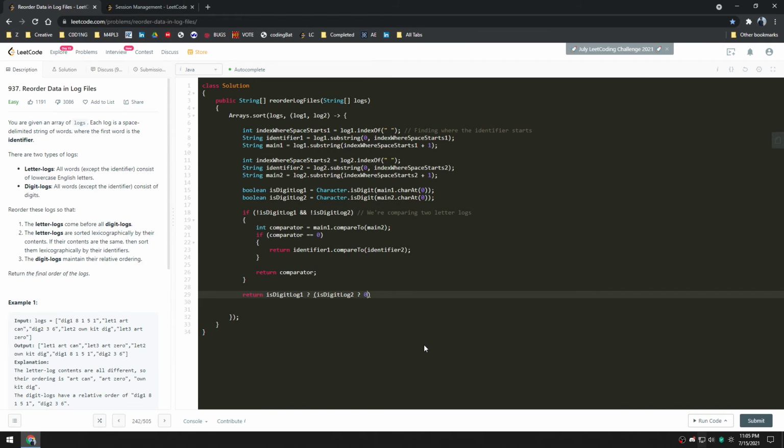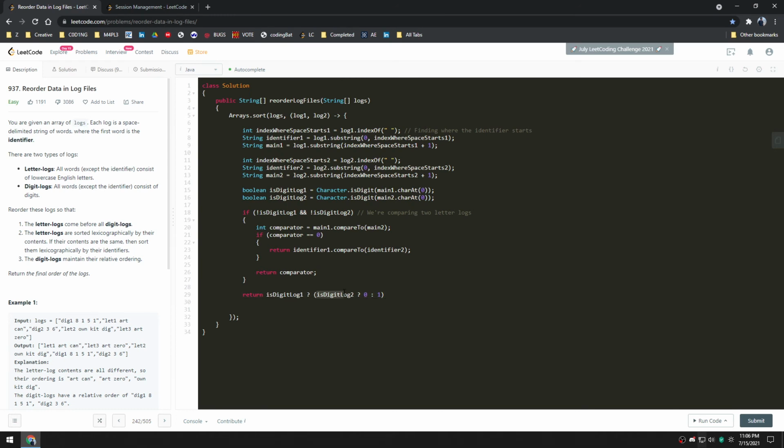Now, if we're in the case where the second log is not a digit, that means we would need to put 1, because we're saying, is the first log a digit log? Okay, then is the second one a digit log? If it is, then return 0.